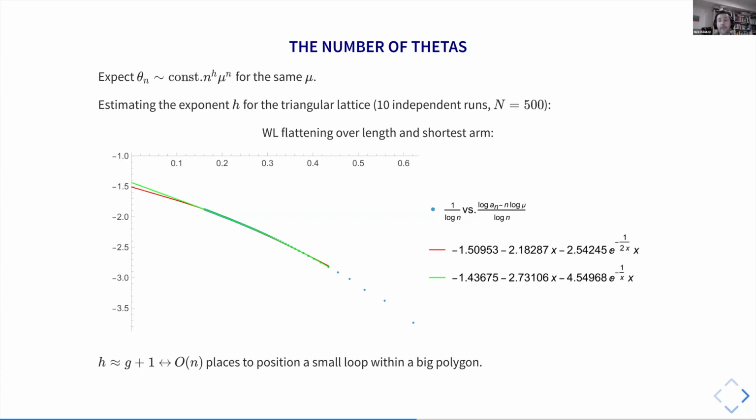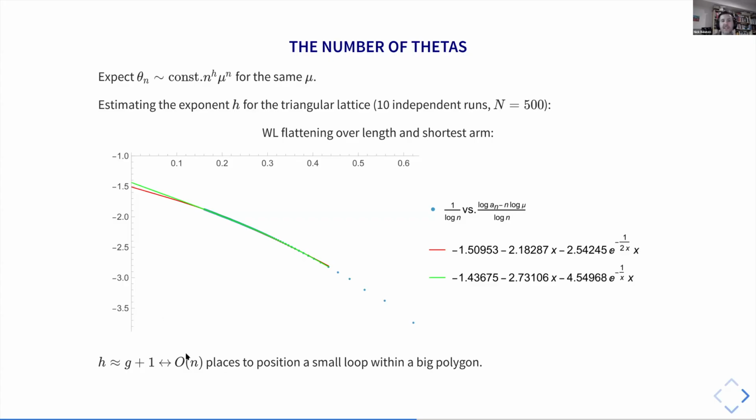And if my big thing is of size n, then I'm going to have on the order of n places to put the little thing inside the big thing. And so I should have an extra factor of n, which is to say I increase my exponent by 1, and hence the exponent here is 1 bigger than it was for polygons.